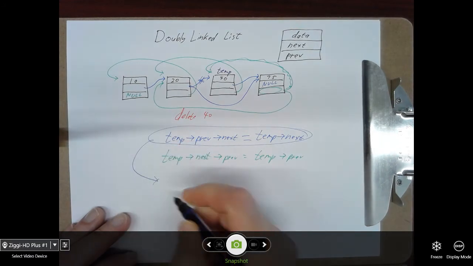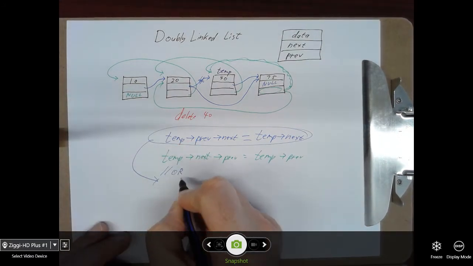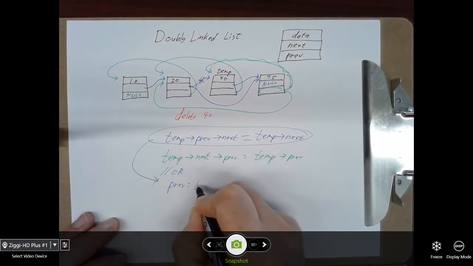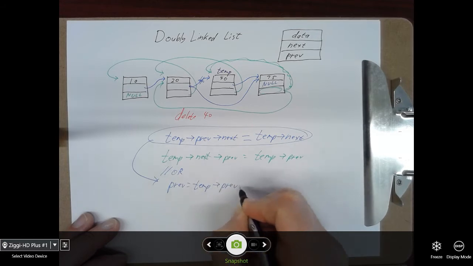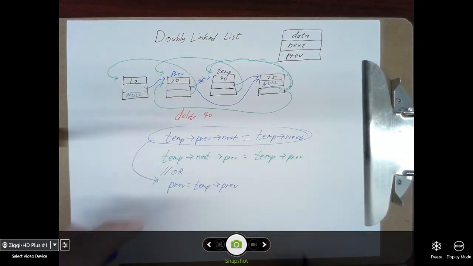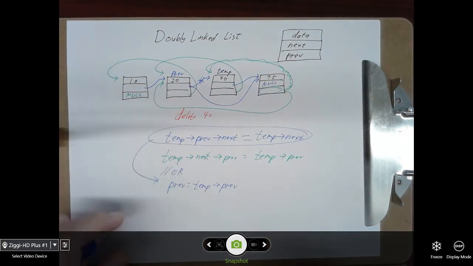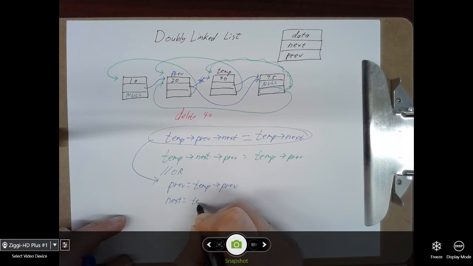And if you don't like this, here's a different way to do this. We could say previous equals temp arrow previous. And now what I'm doing is I'm making a struct node pointer that points to this block. And I could even say next equals temp arrow next.